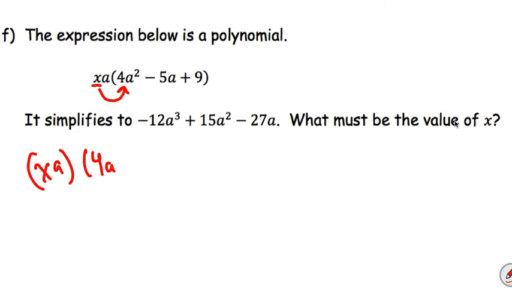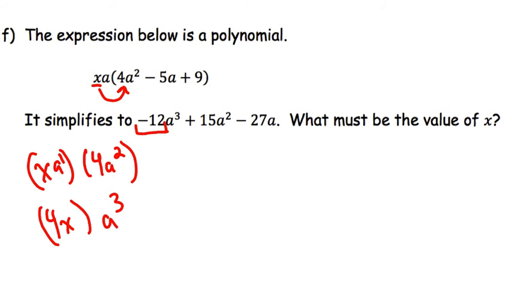So that means I have 4 times x, and then a to the third if I add those exponents: 1 plus 2 will be 3. So if I multiply 4 times x, what does that have to equal? Well, look, we're told that it has to equal -12. So we know 4 times x has to equal -12.